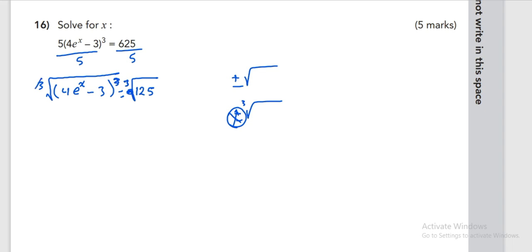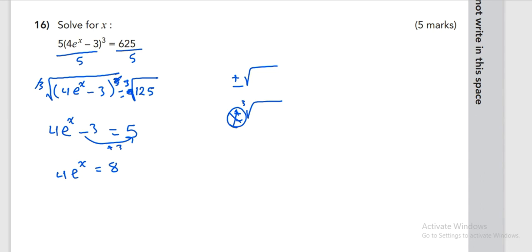Here, cube root with power 3, so you will get 4e to the power of x minus 3 equals 5. It's similar to a linear equation. We'll move plus or minus, then multiply or divide. So we'll move negative 3 to the other side as positive 3, so it will be 4e to the power of x equals 8.